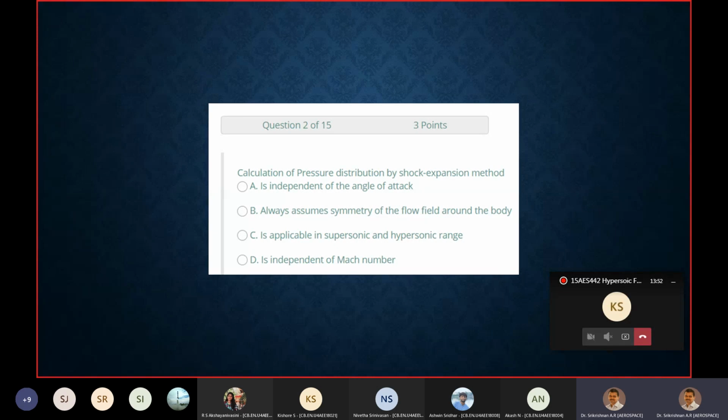C we have discussed already, and obviously it's not independent of Mach number. The method depends on shock calculations and expansion calculations, which are dependent on the Mach number. So for example, the leading edge, the values that we are going to get is certainly dependent on the upstream Mach number. So the calculation procedure is not independent of Mach number.